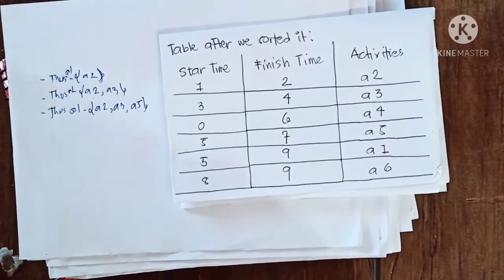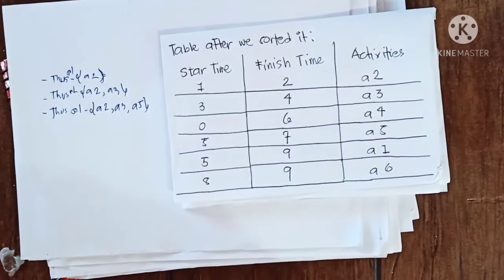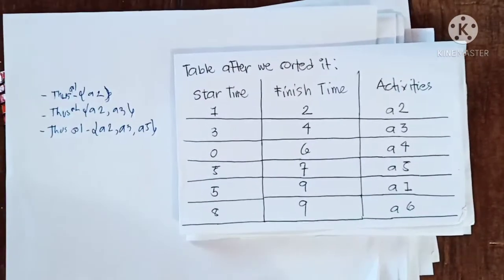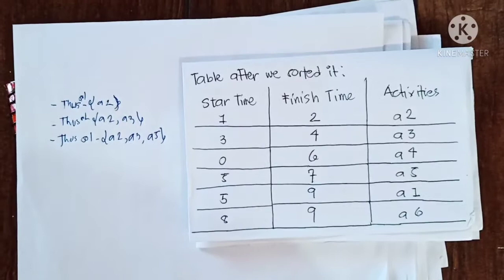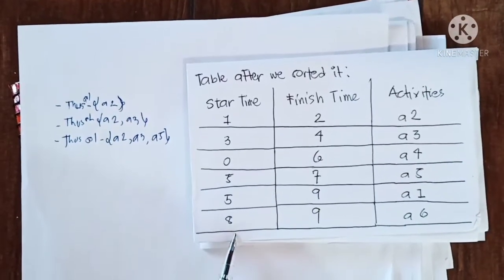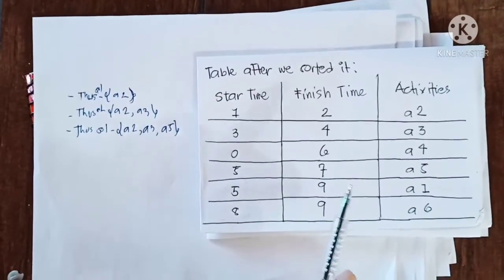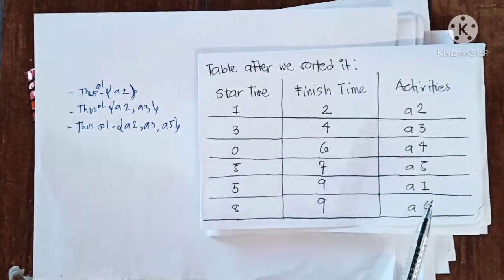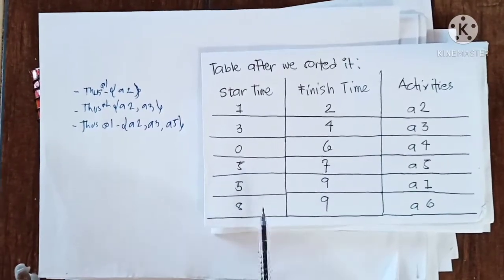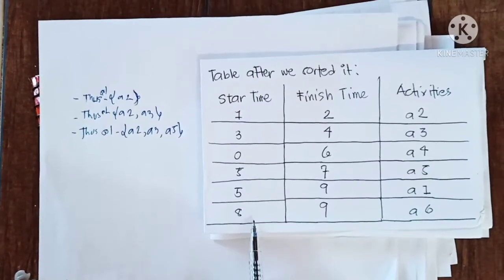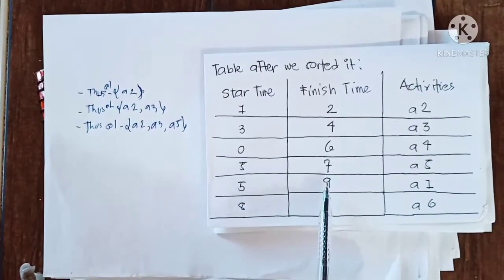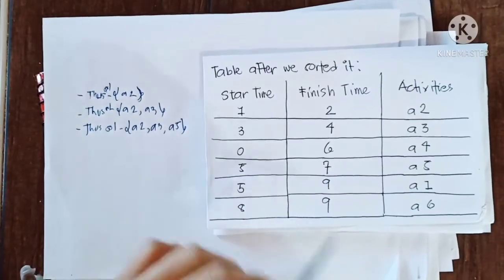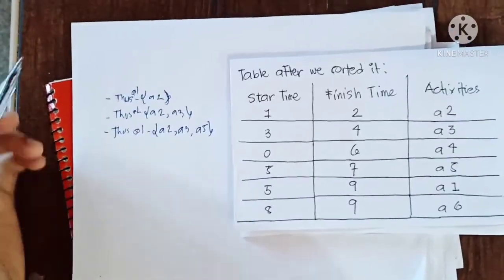The next activity, activity 6: the start time of activity 6 is greater than the finish time of activity 5, so we can add it to the solution. Their times will not conflict.